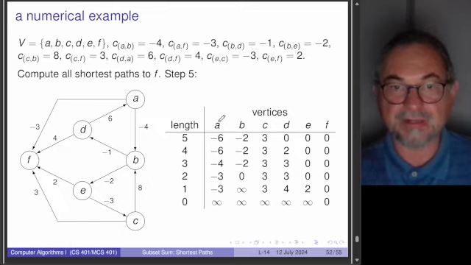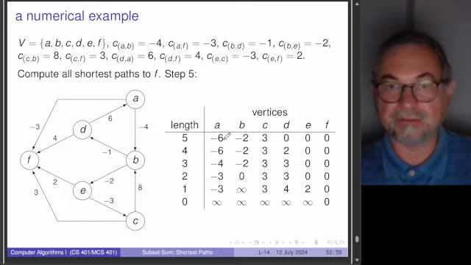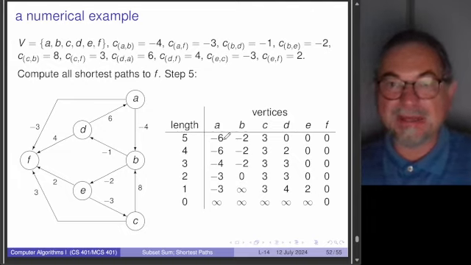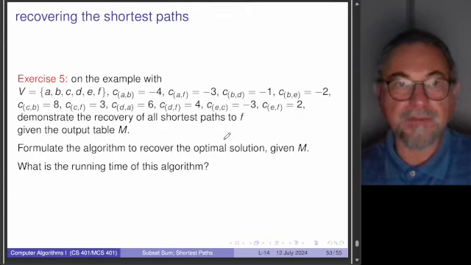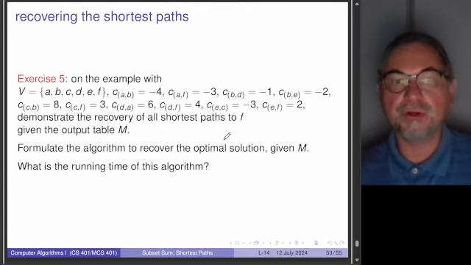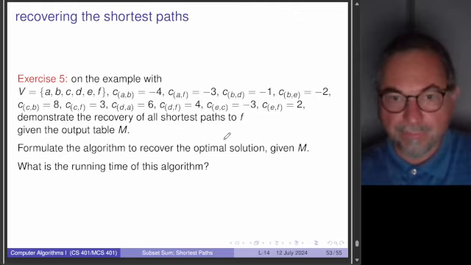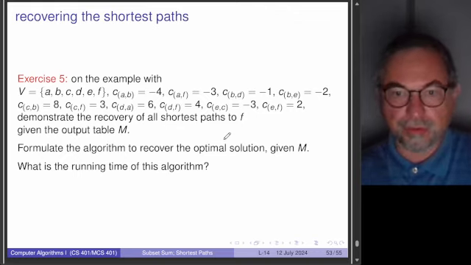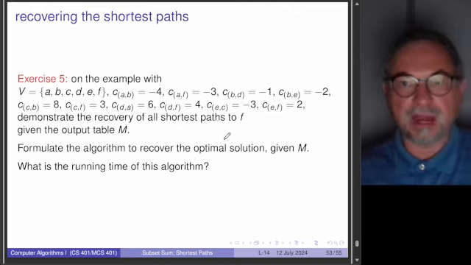So if you want the cost -6, so that's actually the profit 6 that you make, then this might be the path of interest. But the exercise asks you to recover all shortest paths, given the output table.